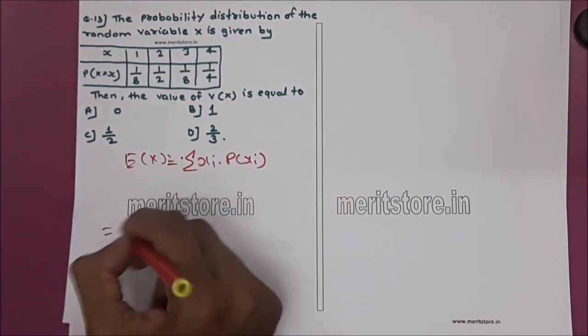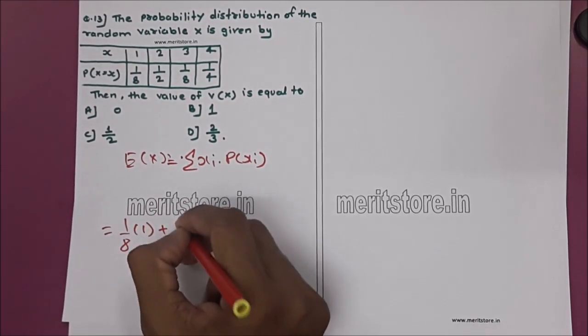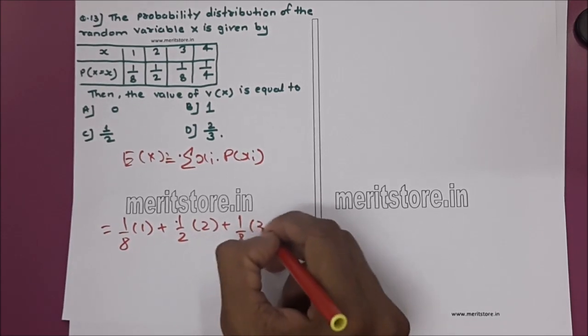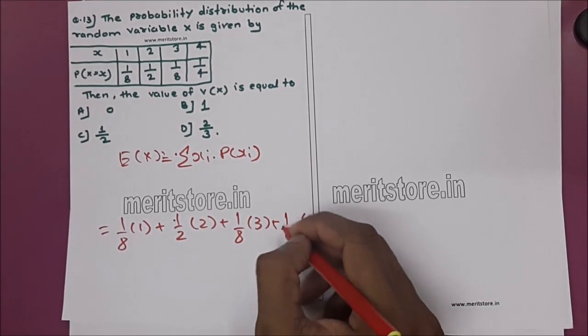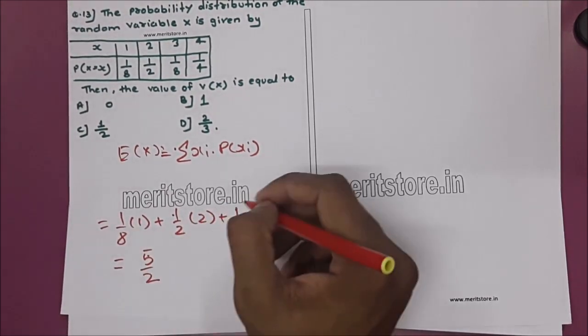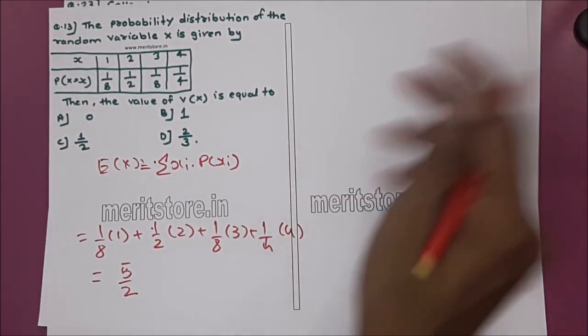We substitute all the values and take the sum of all. So we solve this, we get 5 by 2. We substitute the value of expected value and find the variance, that is V.